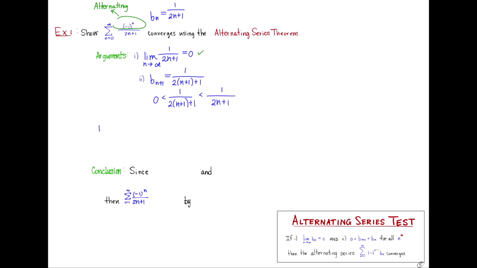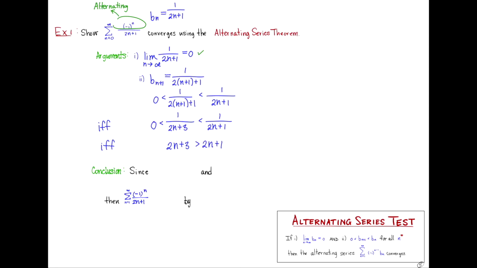This is true if and only if 0 is less than 1 over, simplifying in the denominator, 2n plus 2 plus 1, which is 2n plus 3, less than 1 over 2n plus 1. And this is true if and only if, taking the reciprocal of both sides, we get 2n plus 3, and we flip the inequality sign because we took the reciprocal, greater than 2n plus 1.